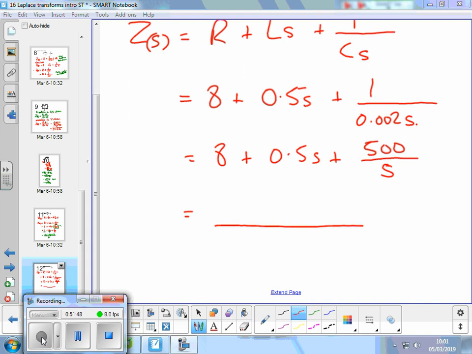It's going to be over S, and that's going to be 8S plus 0.5 S squared plus 500. Everybody get that?